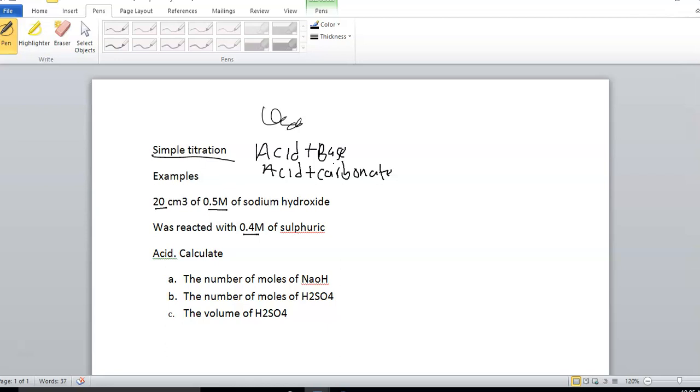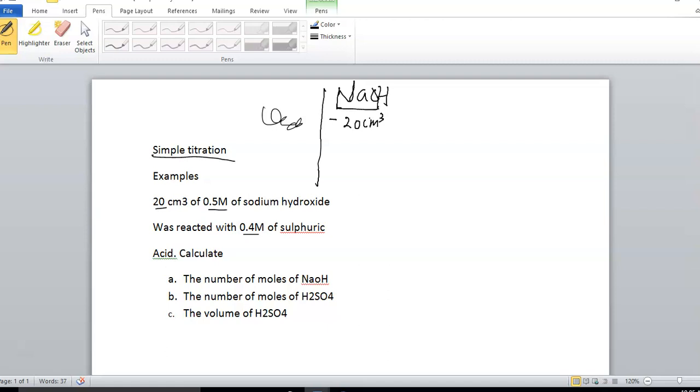In this question we have two major pieces of information. We have two solutions here. We have a solution of sodium hydroxide, with a volume of 20 cm³ and a molarity of 0.5 molar.